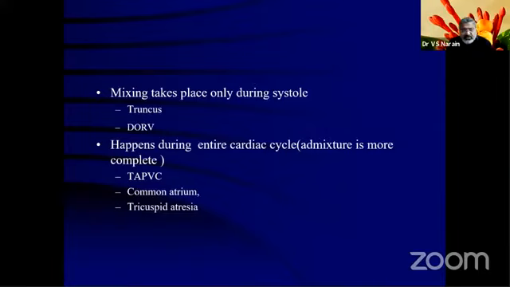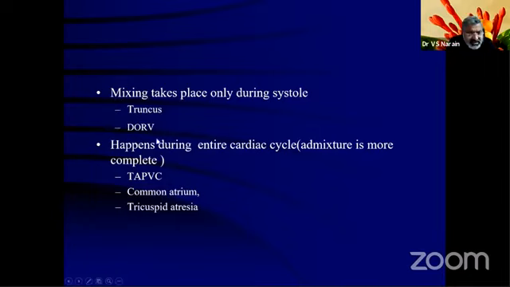Now, there are situations where mixing will take place only during systole, such as truncus and double outlet right ventricle. This is obvious, because when the ventricle ejects blood into the truncus, it is then that mixing is going to occur. Similarly, when the left ventricle throws blood into the right ventricle and the right ventricle mixes, then during systole it throws blood into the pulmonary artery and aorta.